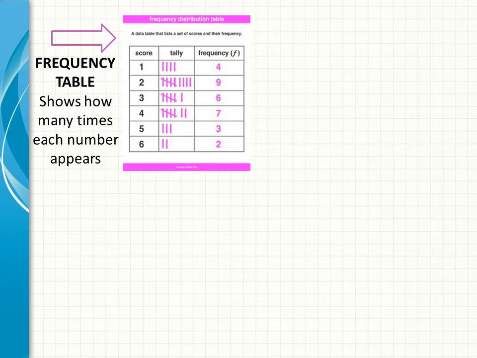Let's see what a frequency table is. Remember, the three things we're looking at today are the frequency table, the bar line charts, and the pictogram. But first, what is a frequency table? Remember that in our last lessons, we've been looking at how to draw the graph.